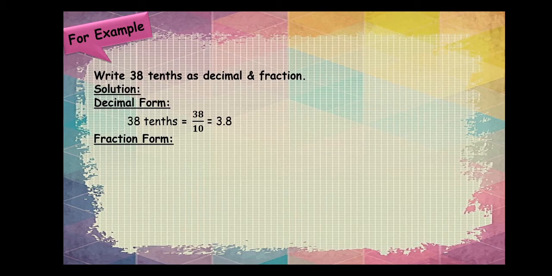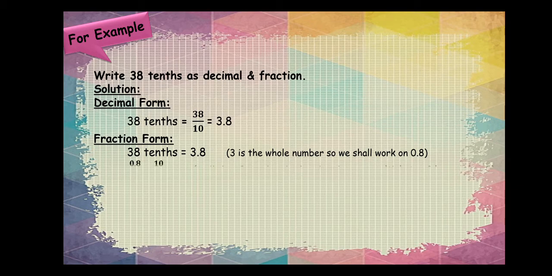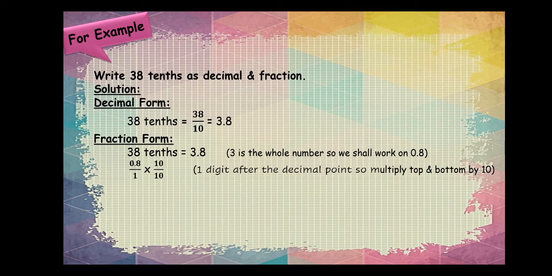And for the fraction form, we have to follow those 3 steps. First of all, 38 tenths is equal to 3.8, this decimal, and then we write this decimal number as 0.8 divided by 1. Now we can see that in 0.8 we have only one digit after the decimal point, so we multiply the numerator and denominator by 10.